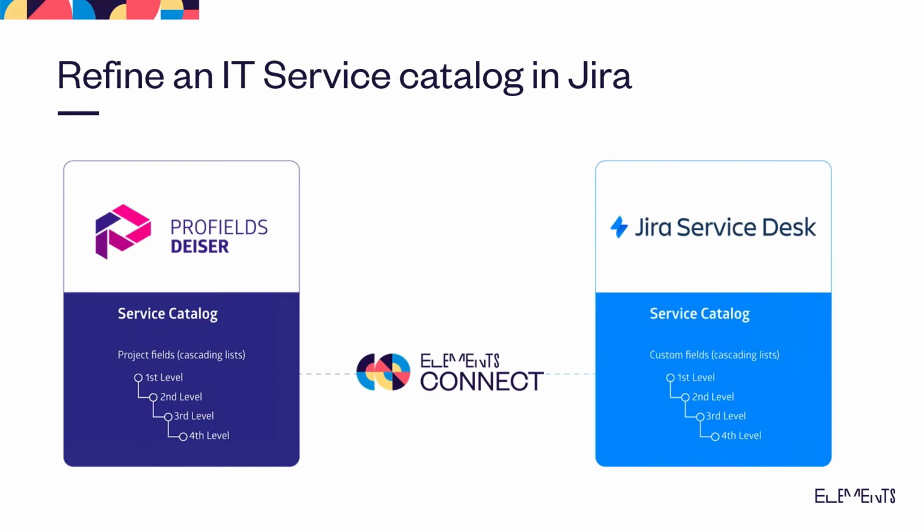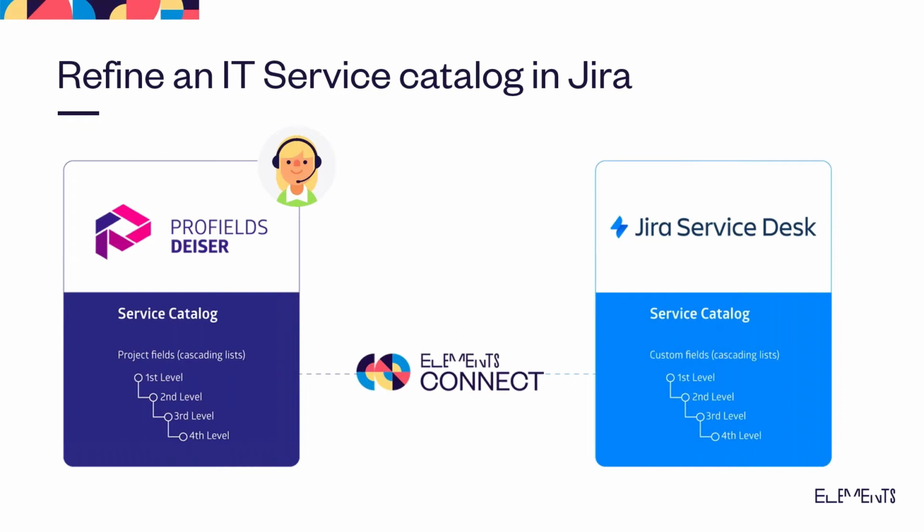So how are we going to do that? Just a quick scheme to summarize. The Jira Service Desk portal is managed by the IT team. And thanks to Profields on the left, the project manager can configure himself a list of services available by creating project fields in the Profields administration.